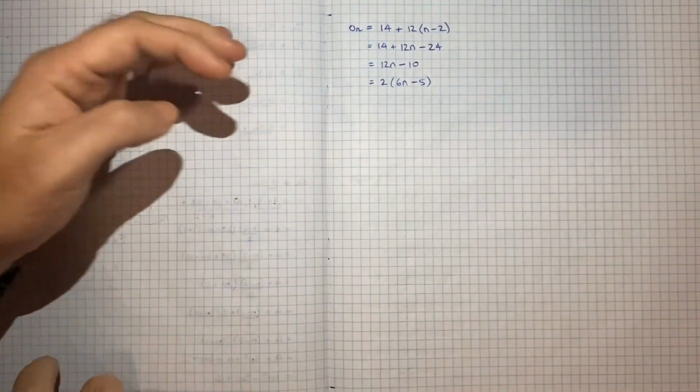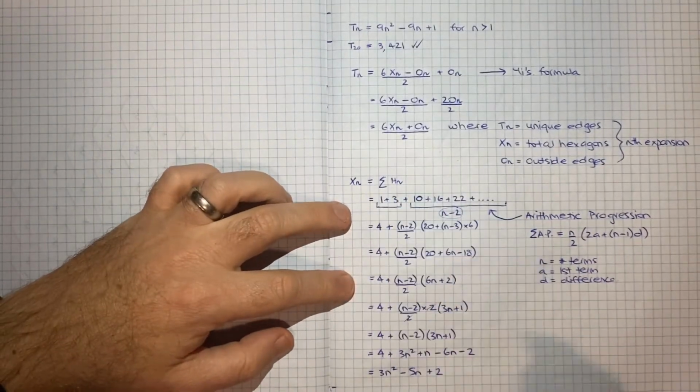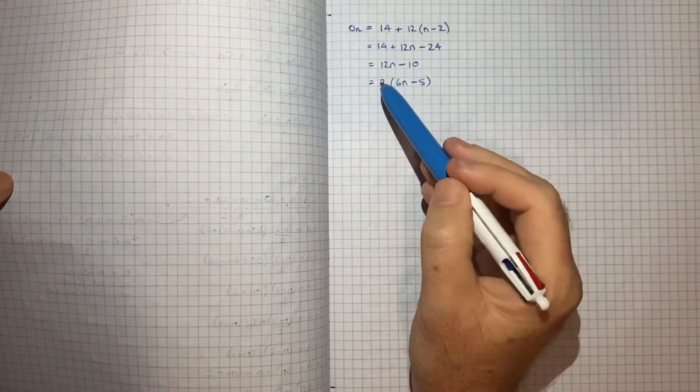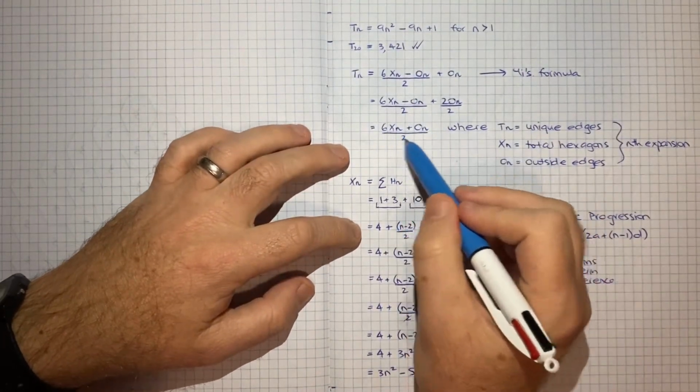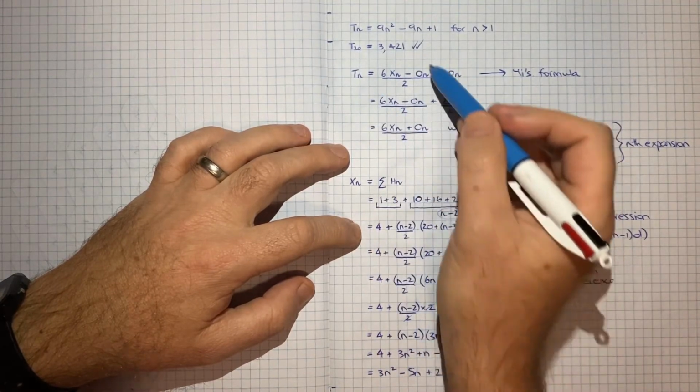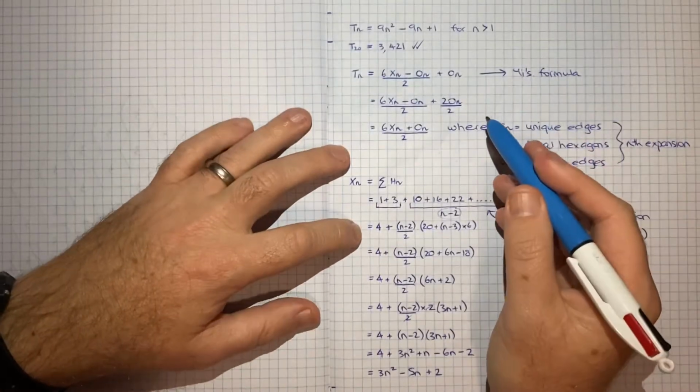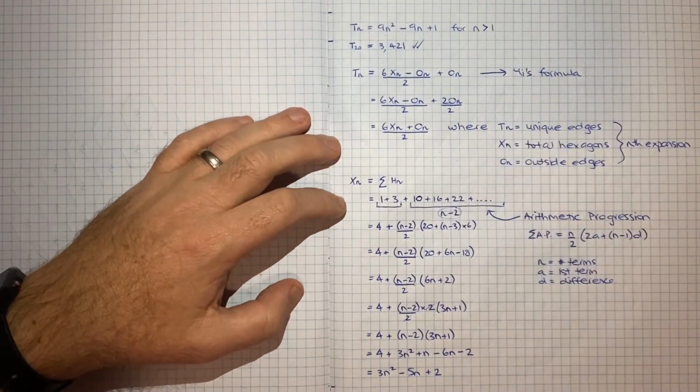Okay, so now that we've got our xn and our on both in terms of n, we can substitute them into this formula for Tn, and hopefully it simplifies to the result that I talked about at the beginning. So let's just do that.